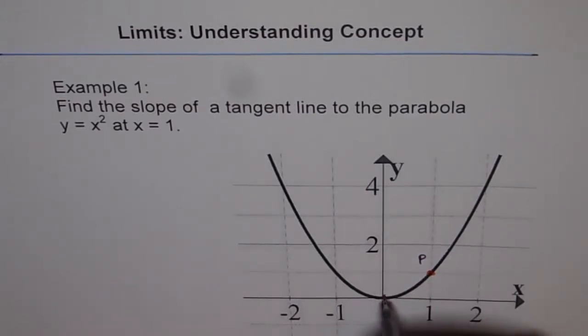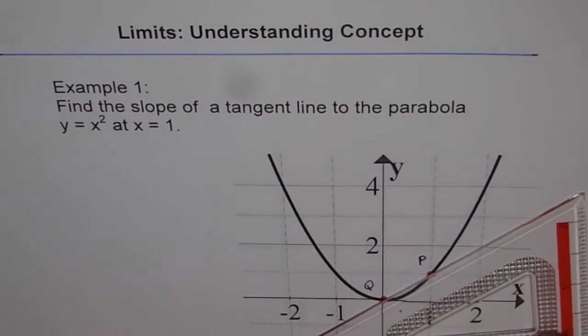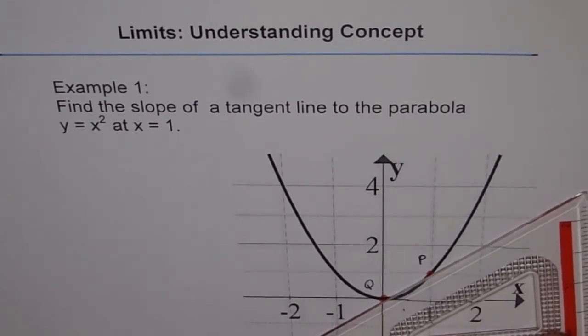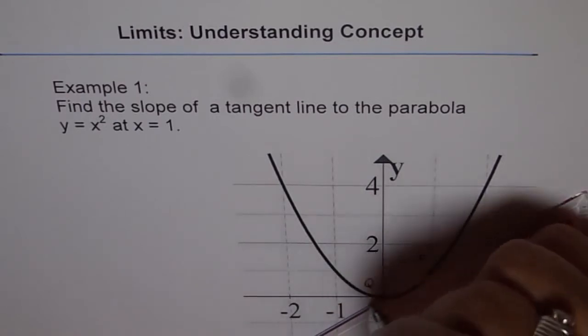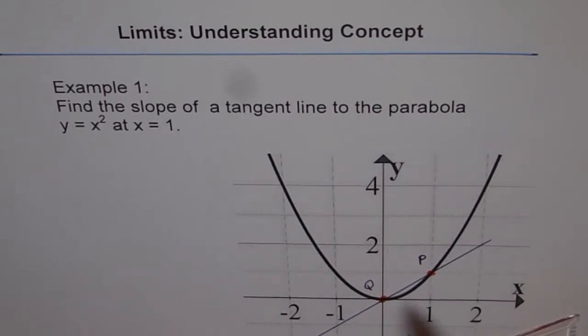So let's take a point here, point Q. Now if I draw a secant joining P and Q, I get the slope of the secant.